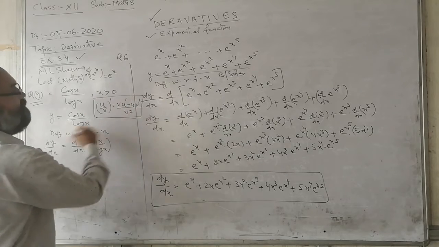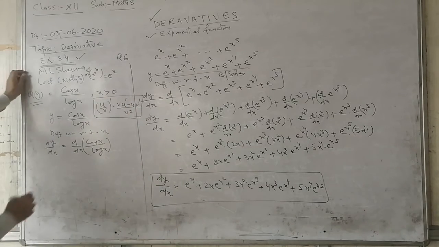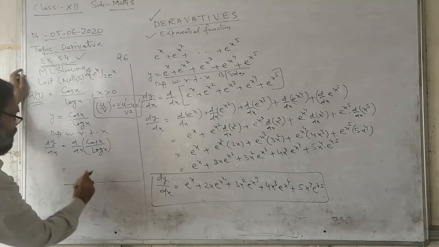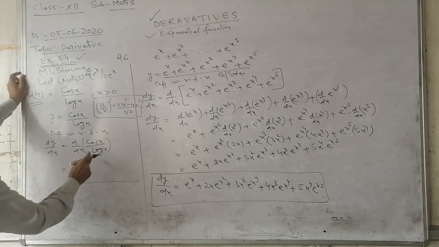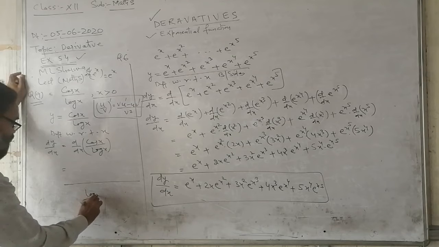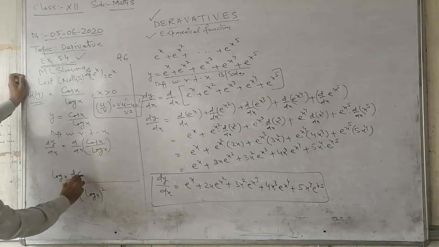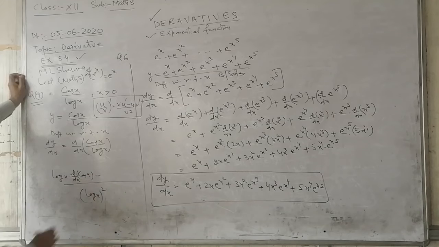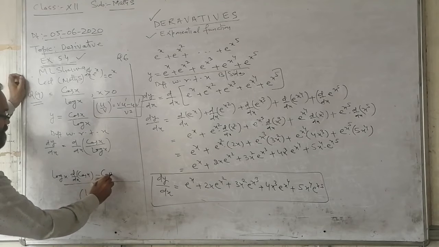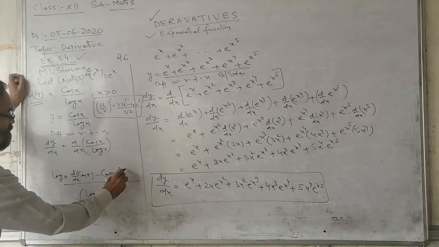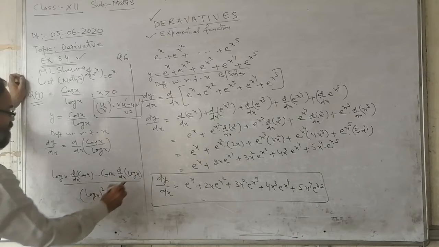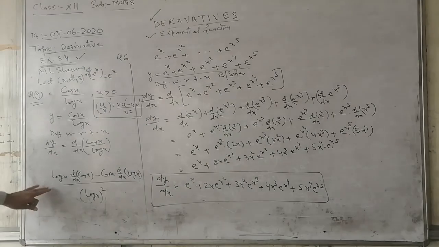So this formula will be applied here. This is u, this is v. So (log x)² using this formula, then log x into d/dx of cos x, minus cos x into d/dx of log x. So I applied the quotient formula here.